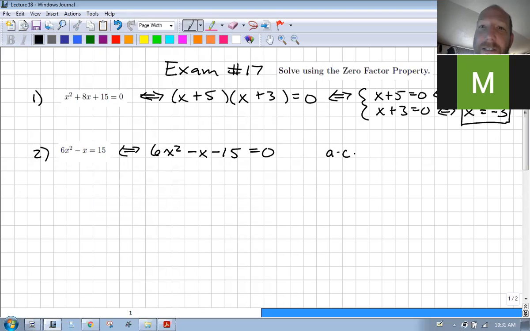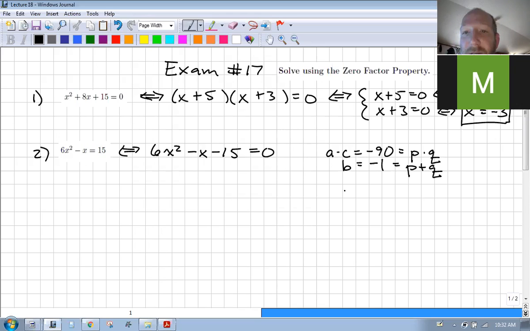We need to use our a times c. 6 times 15 would be 90, but it's going to be negative here. Negative 90. So we need two numbers that multiply to give us negative 90. Our b here is a minus 1. So our two numbers also need to add to give us a minus 1.